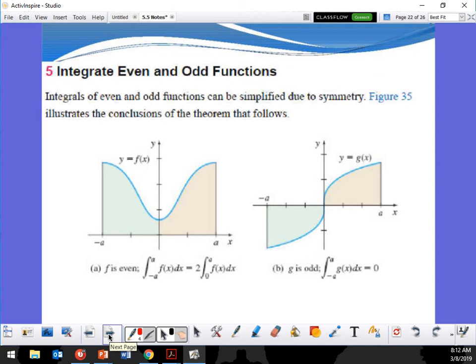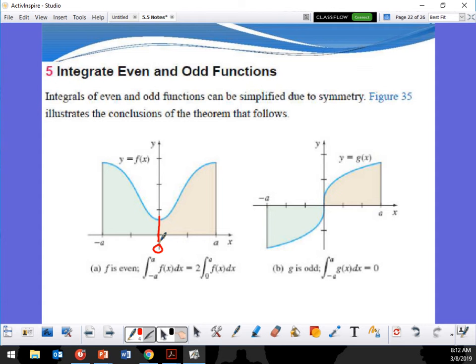Okay, integration, even and odd functions. Integrals of even or odd functions can be simplified due to symmetry. This illustrates the conditions of the theorem that follows. So if it is even, that means from here to here it's going to be double whatever this is.